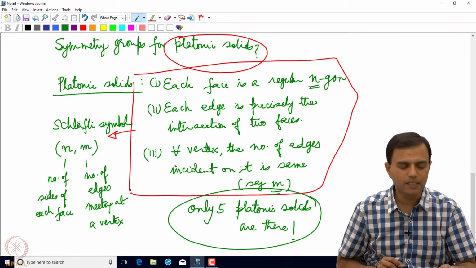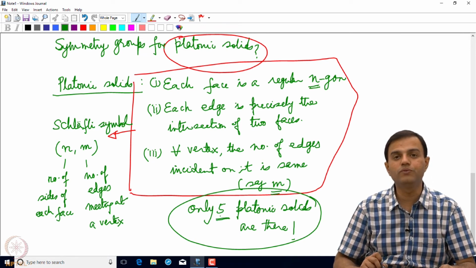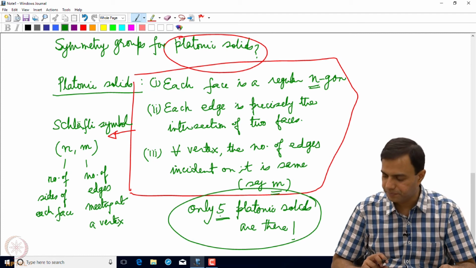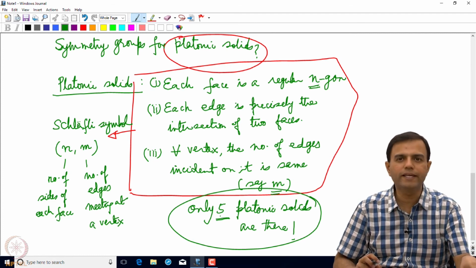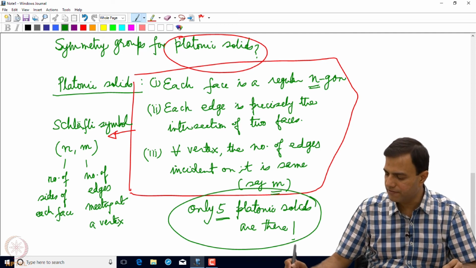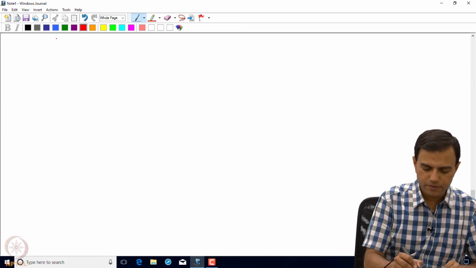And how does one see? Because having only 5 Platonic solids has something to do with the subgroups of rotational symmetries of a sphere. So I am quickly going to connect it with graph theory. And here is a very famous statement in graph theory which is attributed to Euler.